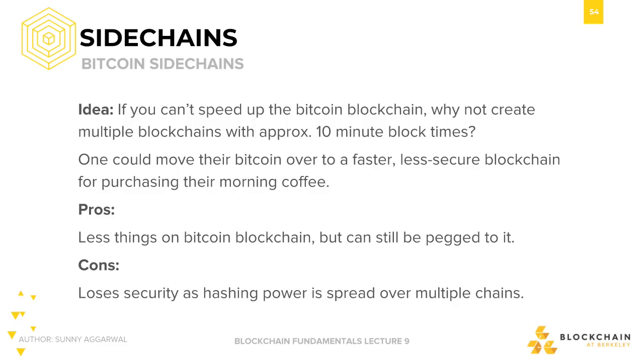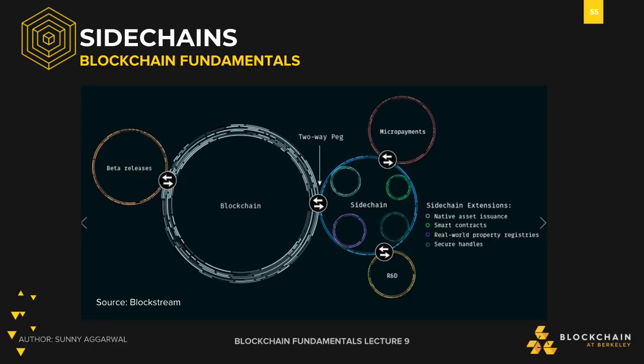The sidechains need some sort of security too, but the interesting idea is we can have sidechains for different aspects. This is from Blockstream, who are also trying to experiment with sidechains. You can have sidechains to do micropayments, or for different purposes and different types of purchases.